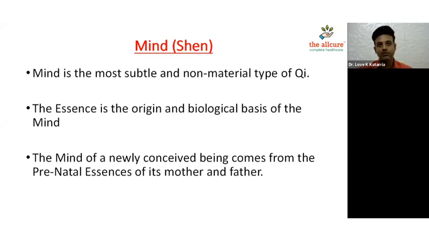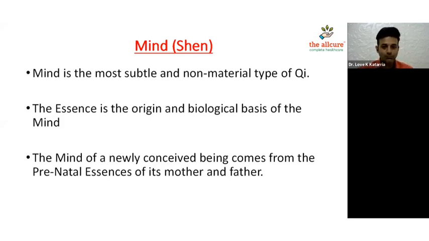The essence is the origin and biological basis of the mind. In the essence topic, we saw that the mind is nourished by essence, and if the genetic material lacks that strength, there could be cases of mental retardation, like we see in cerebral palsy.